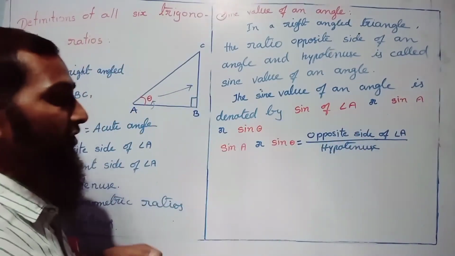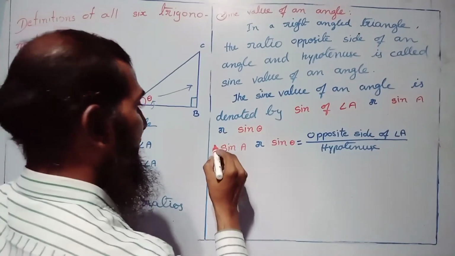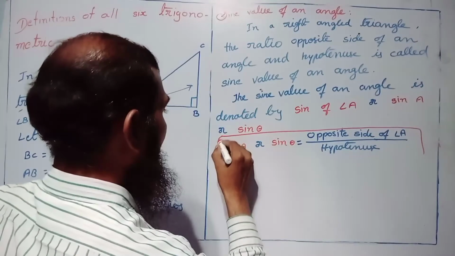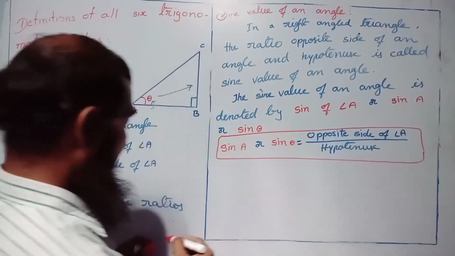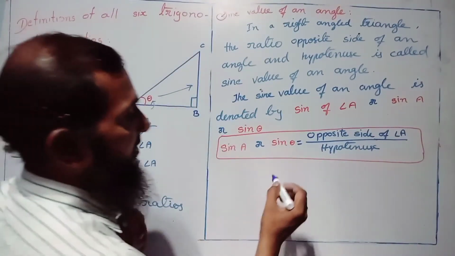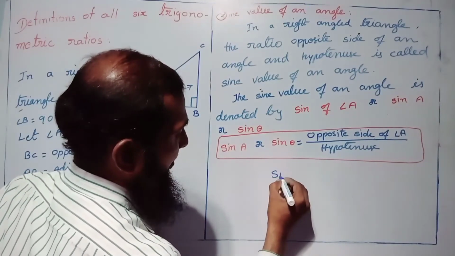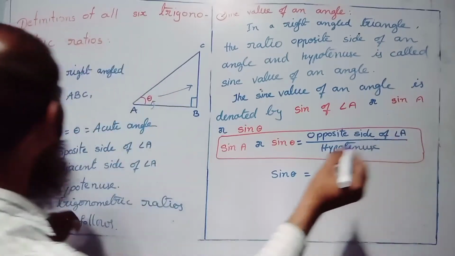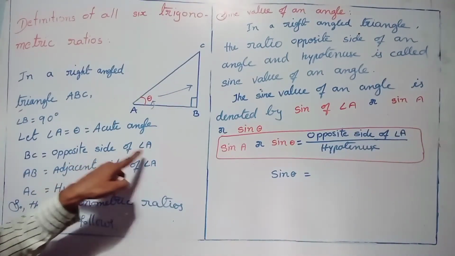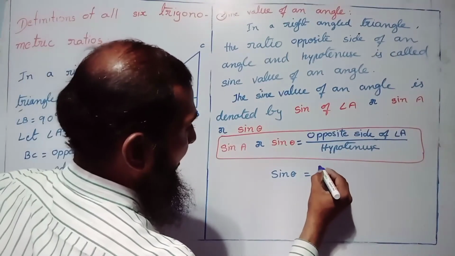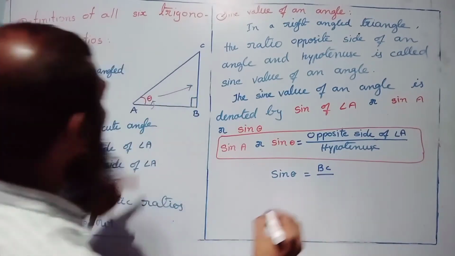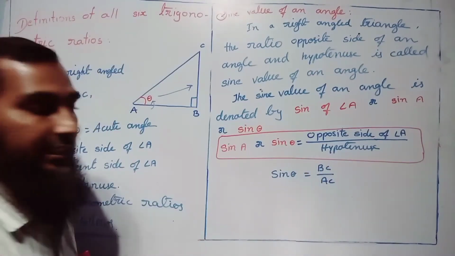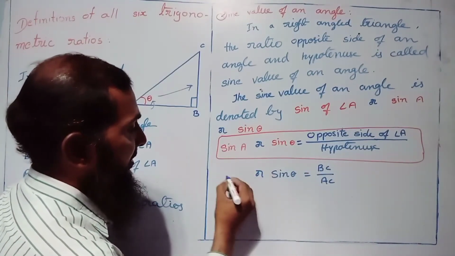So this is the definition. Simply you should write sin theta is equal to the opposite side of angle A. What do you call the opposite side of angle A? The opposite side of angle A is BC. So BC by AC. Here it is sin A.